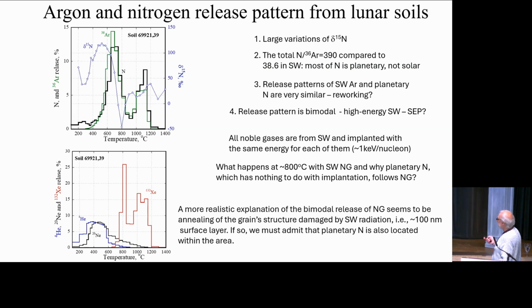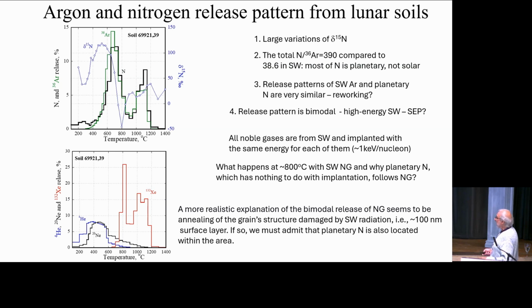What happened? The more realistic explanation is that the bimodal release of noble gases seems to be annealing of structure damaged by solar wind. It is known that the very surface of lunar grains is damaged by solar radiation to a depth of about 100 nanometers.